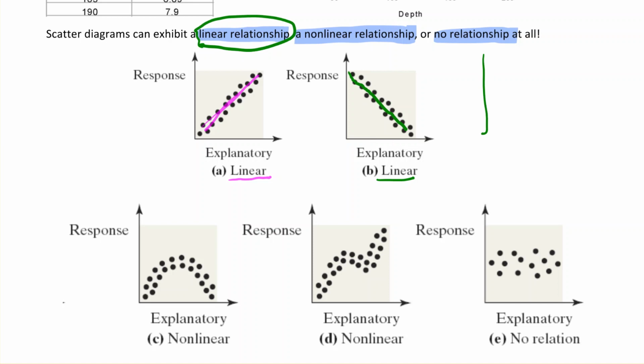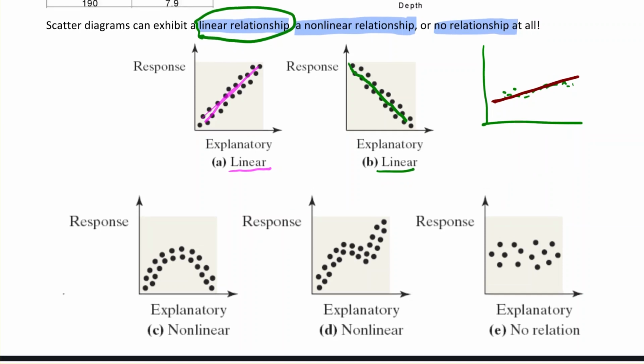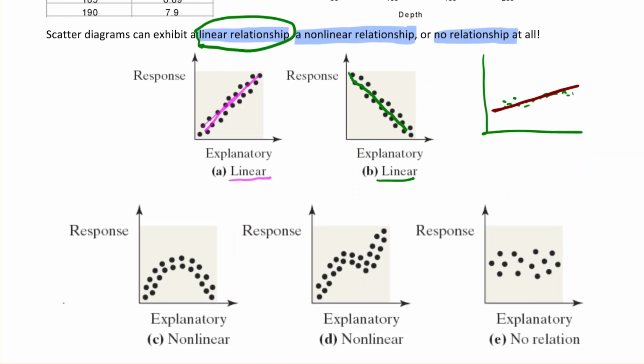Again, even if we have something like this, let's say the scatter plot looks something like this. We can say, oh, this is pretty linear because we can describe it with one line. Okay. And here we have a non-linear one. So this is some kind of relationship, but non-linear.